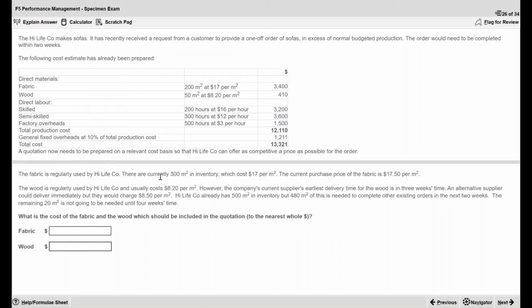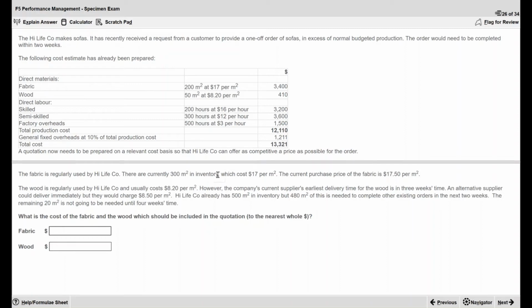They said there are 300 square meters inventory which costs 17, not relevant. The current price of the fabric is 17.5. Whatever, because we are regularly using, if we use it here, we have to buy it again. If we want to buy it again, we have to buy it at the current price, which is 17.5.